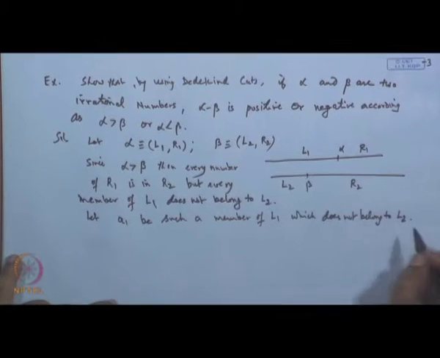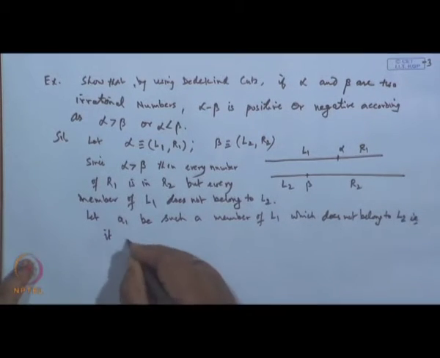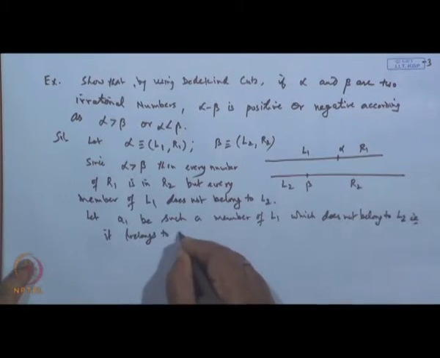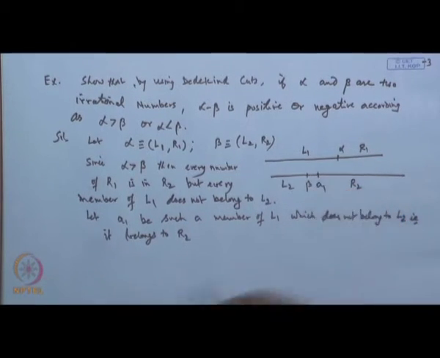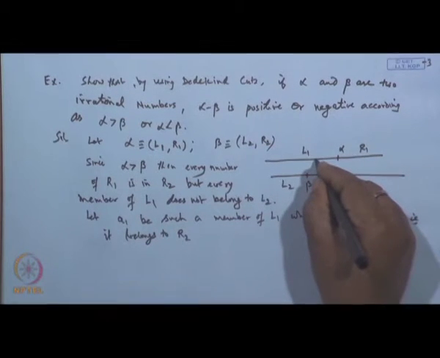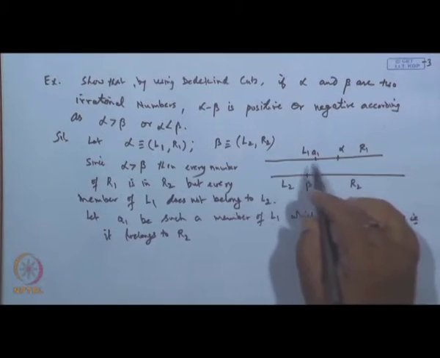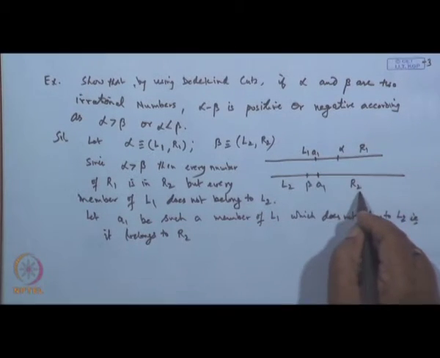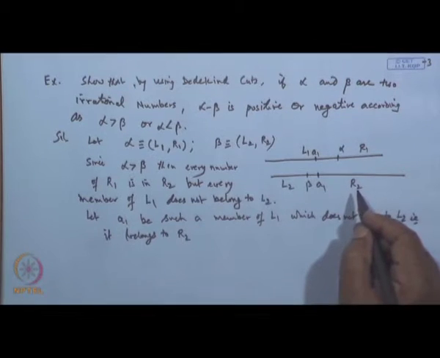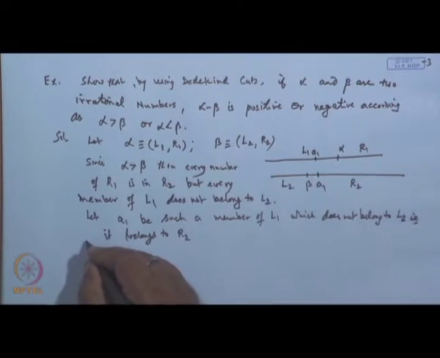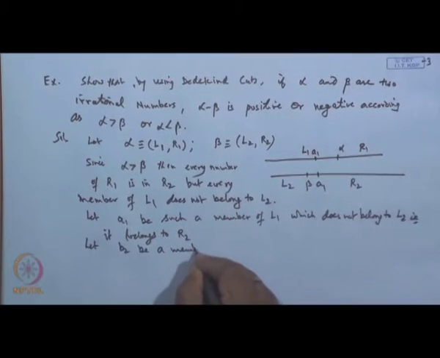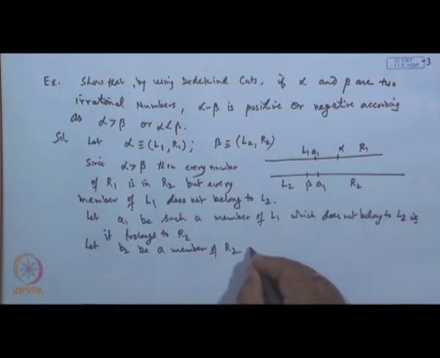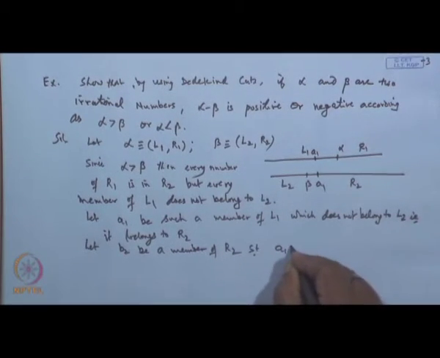If it does not belong to L 2, then it belongs to R 2. So, here is some, say, A 1, this is number A 1, which is in L 1 but not in L 2. So, it must be in R 2. Let us choose a number B 2. Now, let B 2 be a member of R 2 such that A 1 is greater than B 2.